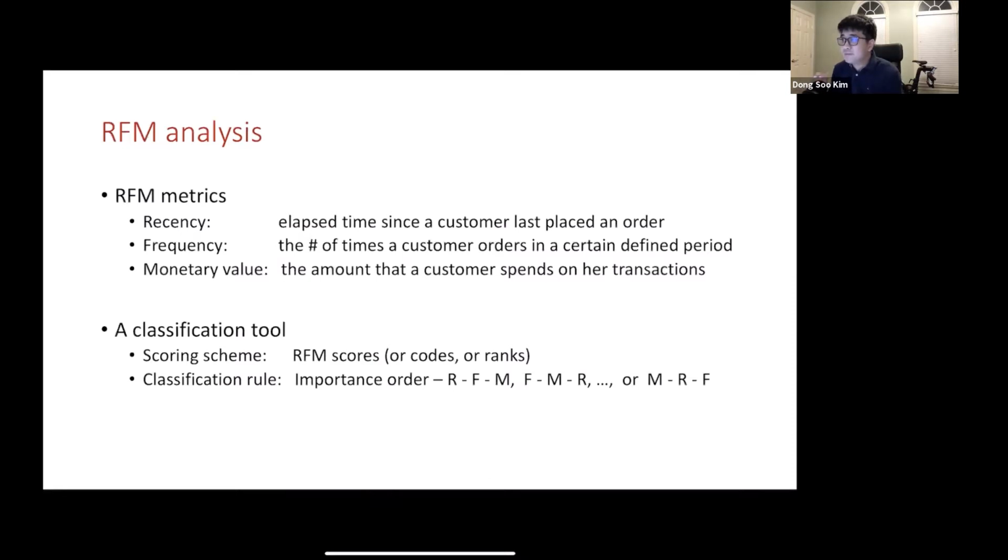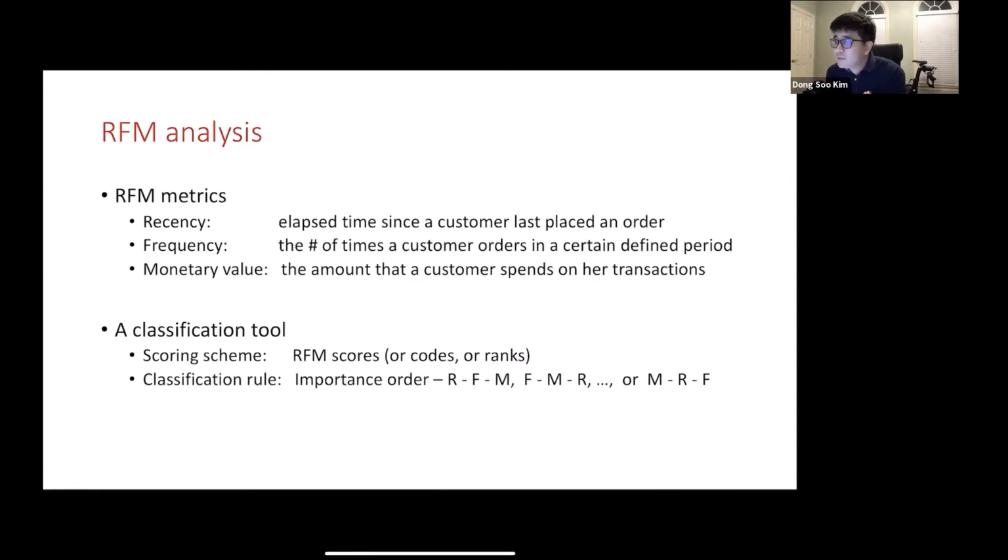RFM analysis is a classification tool using three very simple metrics to address the managerial question: who are continually profitable customers? The three metrics are recency, frequency, and monetary value metrics, which are very simply computed from customer transaction history data.